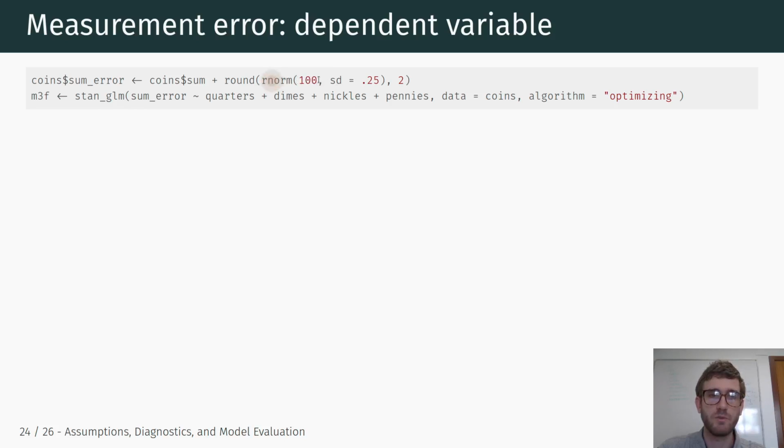Here, these are draws from a random normal distribution with a standard deviation of 0.25, so around 25 cents on average additional error in the sum, so quite a substantial increase in the error.